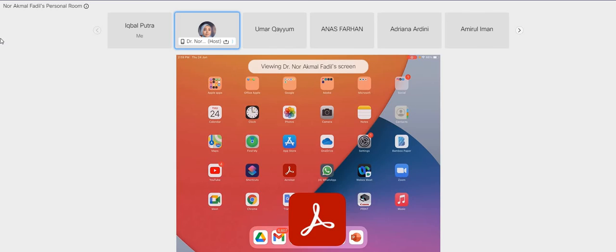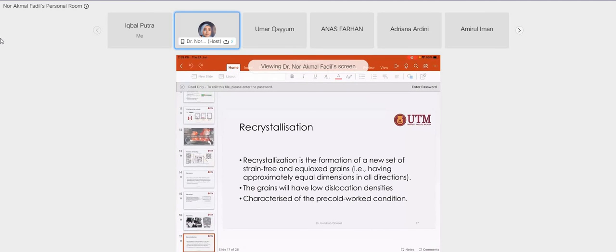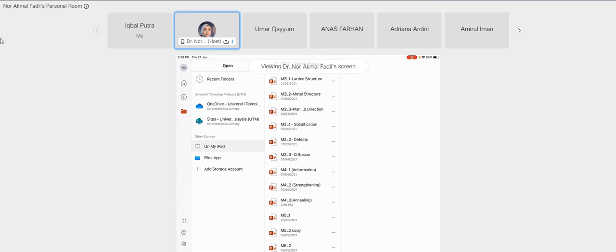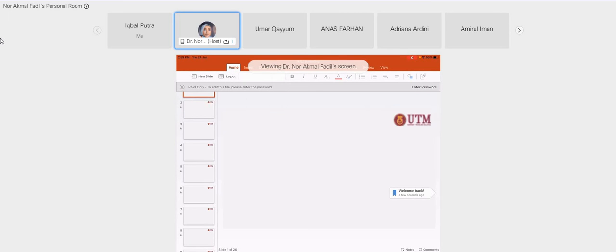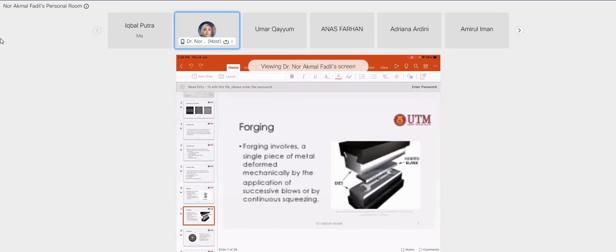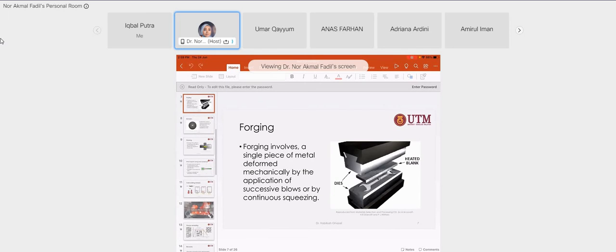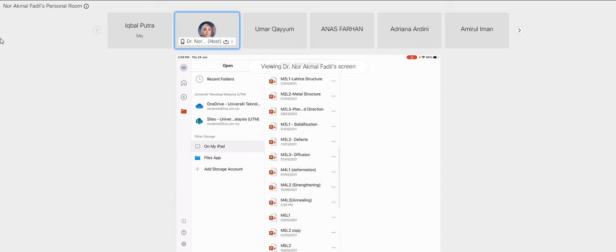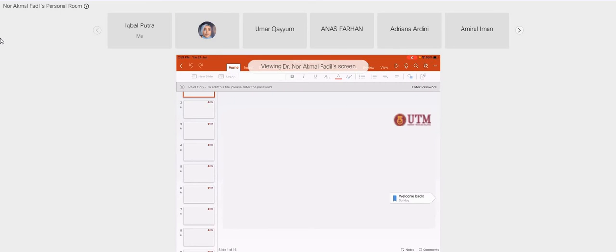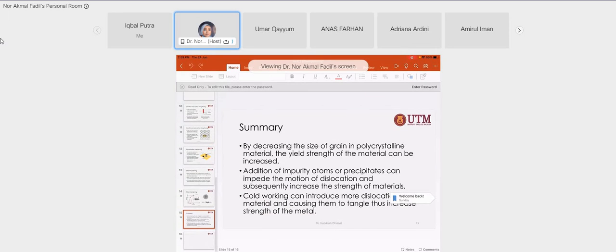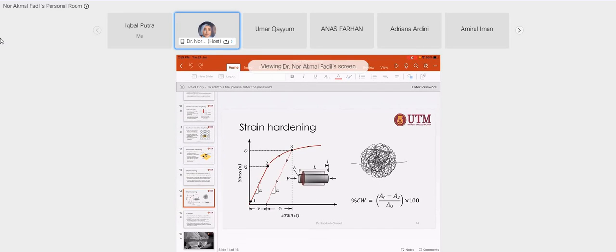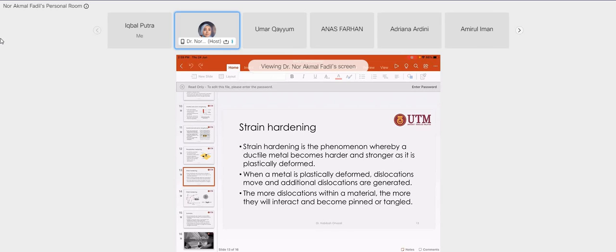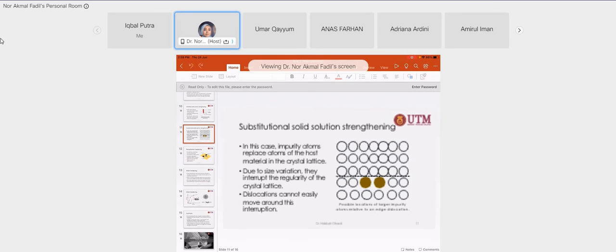Okay, if you look at notes, I think the notes, and this is what's happening? Four methods. Spring hardening. Okay.